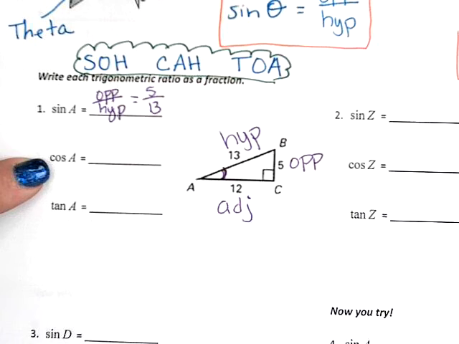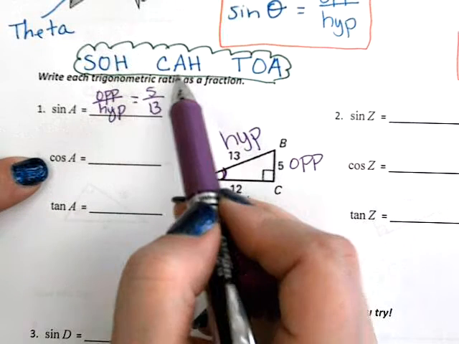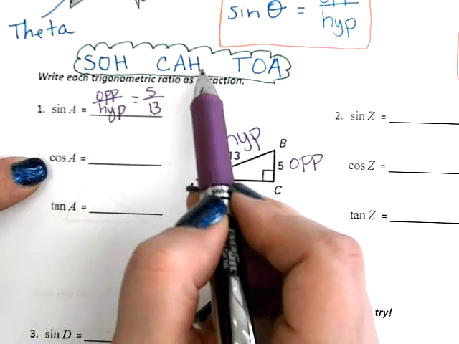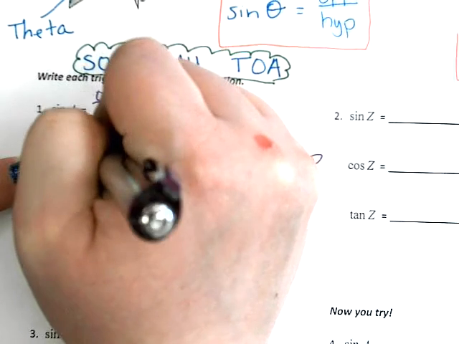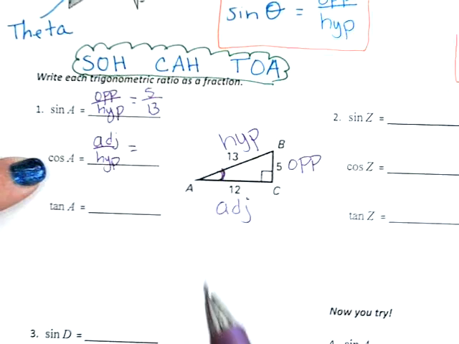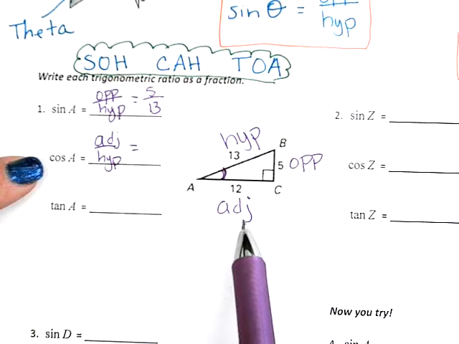Cosine then. According to this up here, cosine is adjacent over hypotenuse. If I look at my triangle, I labeled the adjacent side as 12, so it's 12 over 13.